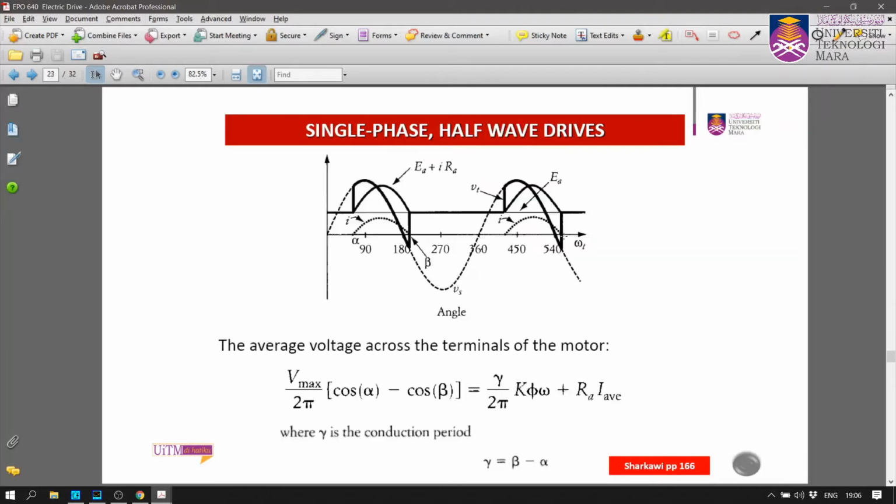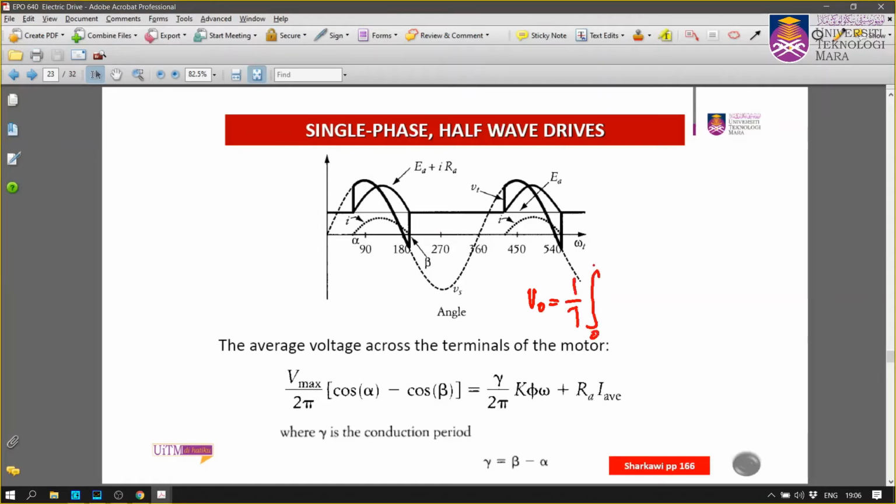So if you get the Vout, it's always 1 over T times the integral of Vt dt over the whole cycle, divided by T. So this is the area under the curve.